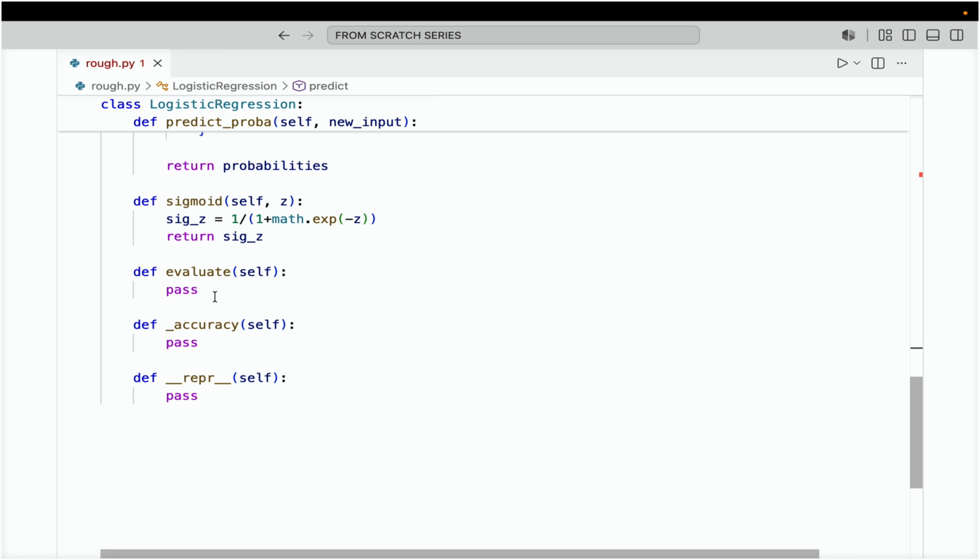Let's get into the evaluation part. What does evaluation take? It takes x test and y test.